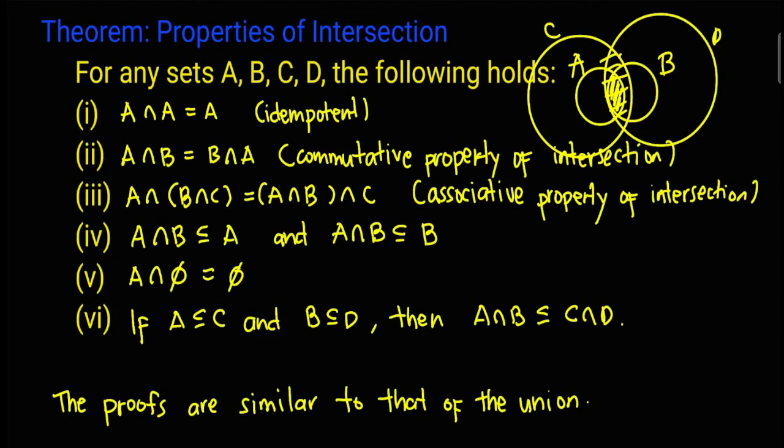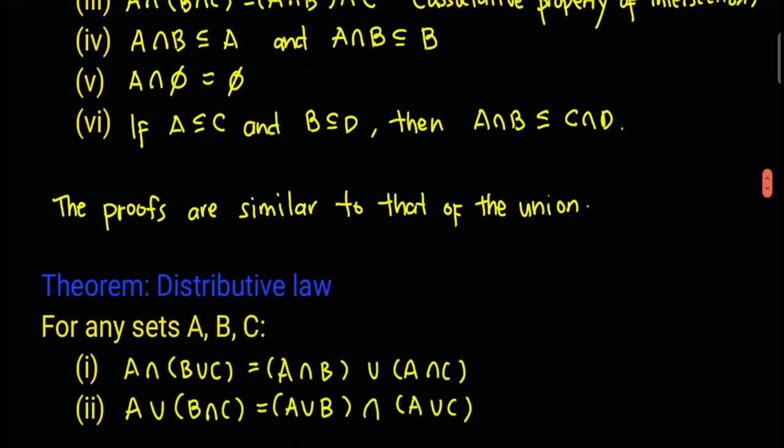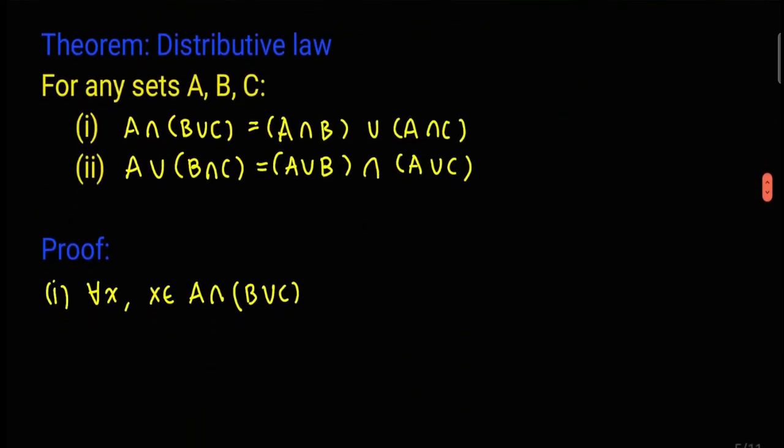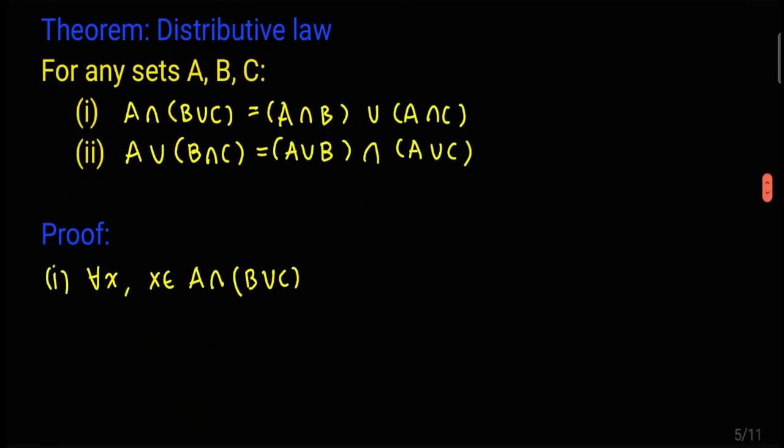So what if we combine these operations? What if we have union and intersection at the same time? So now we go to the distributive law. So what is the distributive law? This is the same law that we use, parallel or analogous to the law of distributivity of multiplication with respect to, or over, addition.